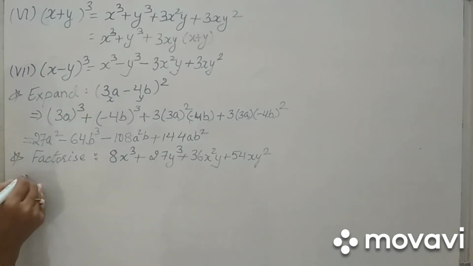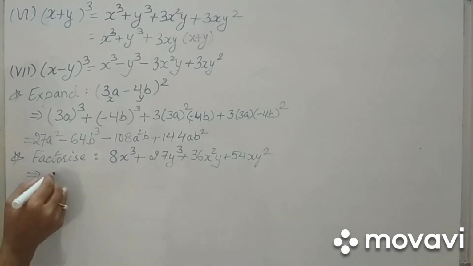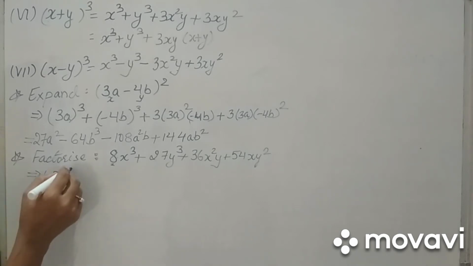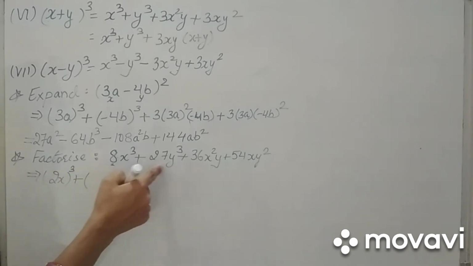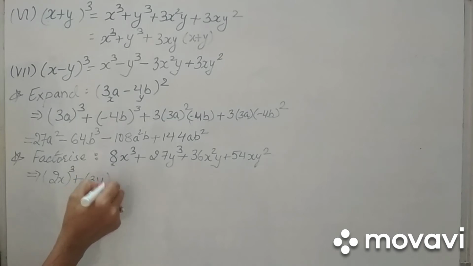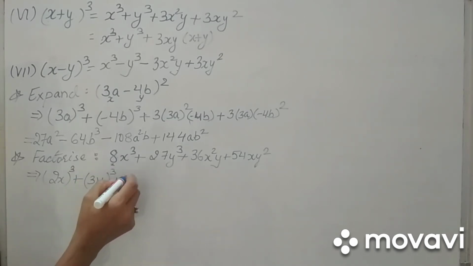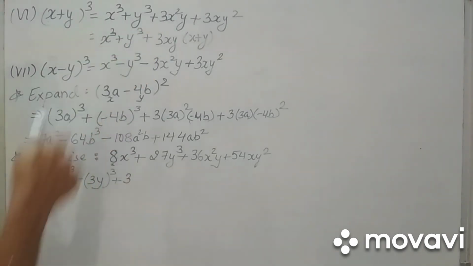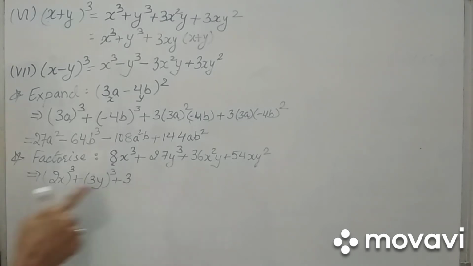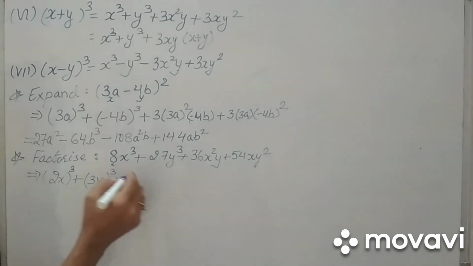How I told you? First of all, 4 terms are there and cube is written, so you have to apply the cubic formula. So 8 is a cube of which term? 2x cube plus 27 is a cube of 3, plus I am writing according to the formula 3 into x square into y.